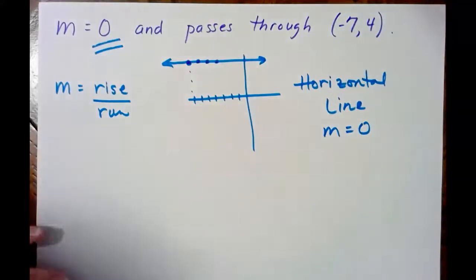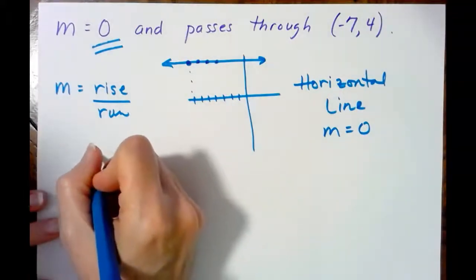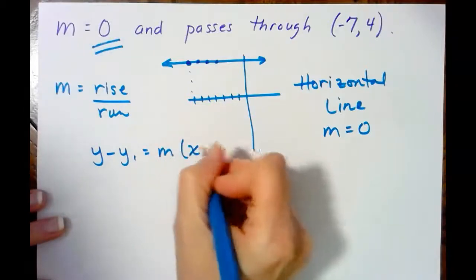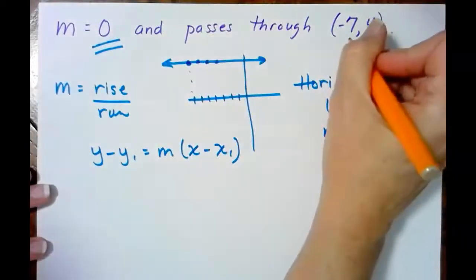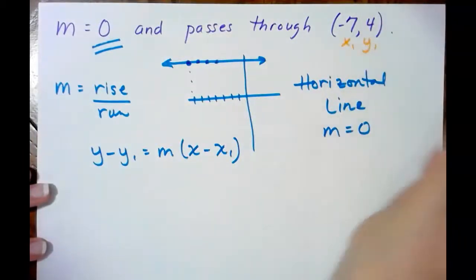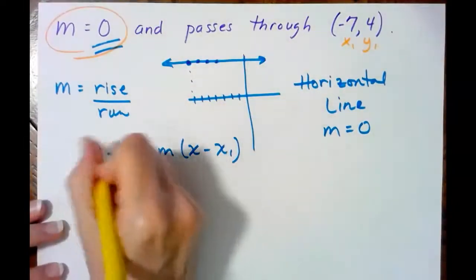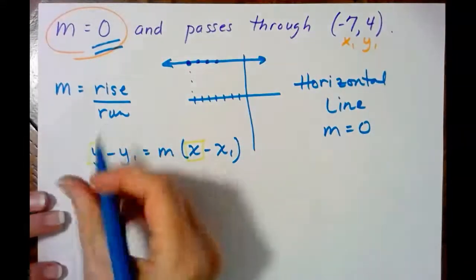Now, let's write the equation of this line. We're still going to do it the same way. The point slope form, y minus y1 equals m times x minus x of 1. So this is our x1, this is our y1, and of course our slope is 0. Let's plug them in. Remember, open, open, don't touch them.